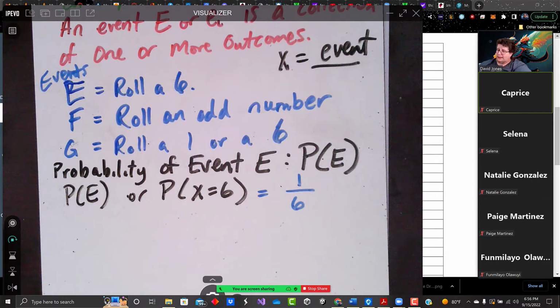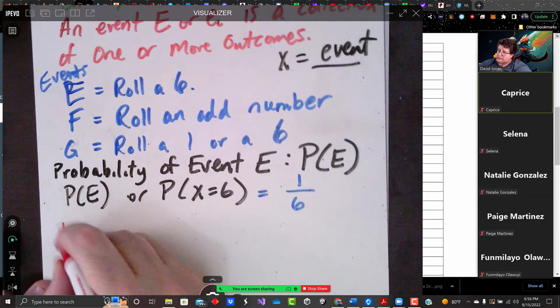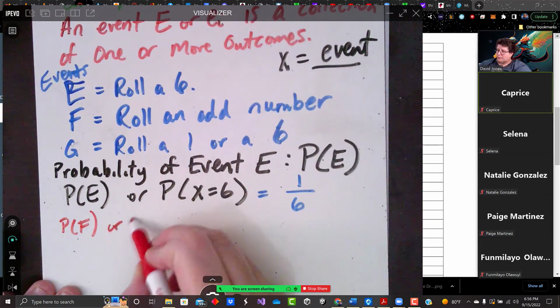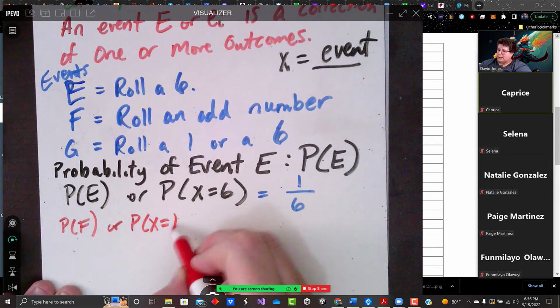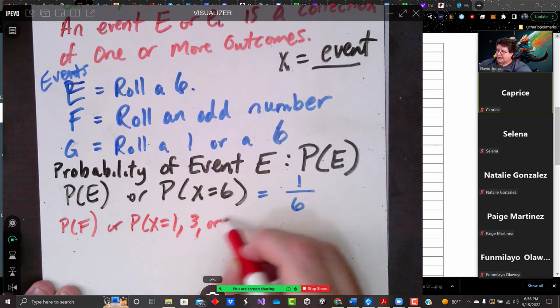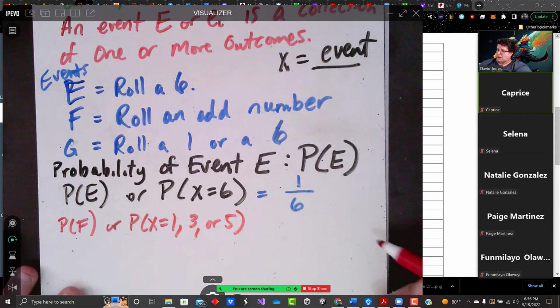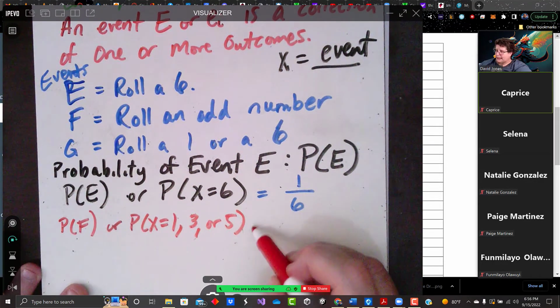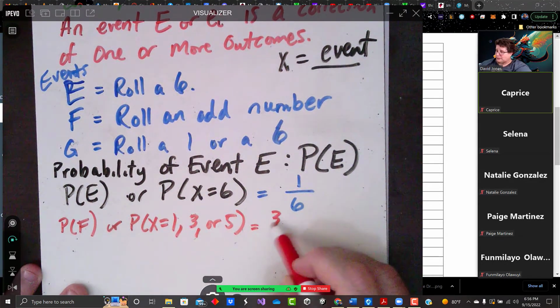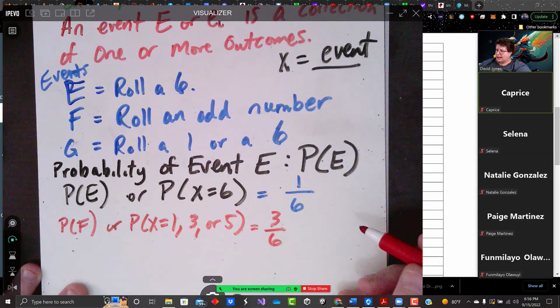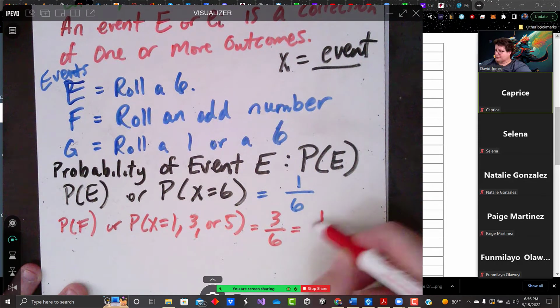The probability of F, I could write it also as the probability that X equals 1, 3, or 5. Well, there are 3 outcomes in that group out of 6 total outcomes. And you could simplify that or reduce it to 1/2.